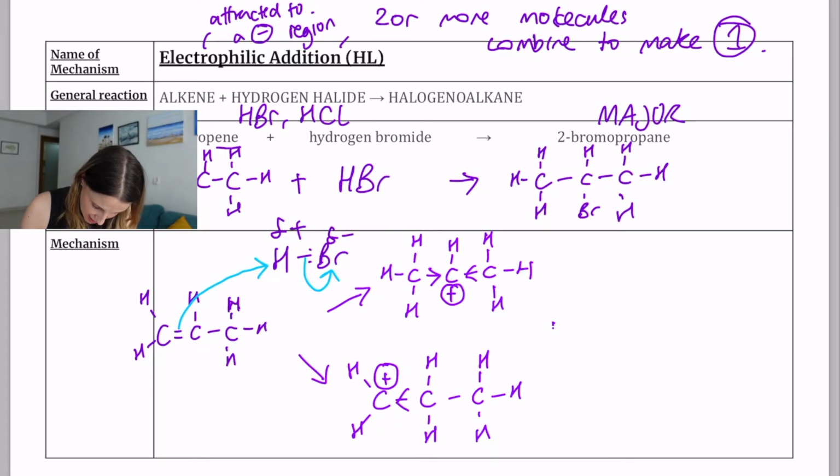So in the next step, remember the bromide ion was formed because it stole both of the electrons from that bond. And if we add the curly arrow to it, the bromide could add on to either of these. Actually, let me do that separately to make it clearer.